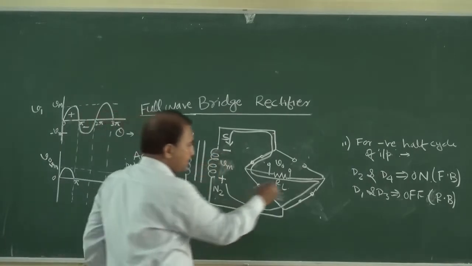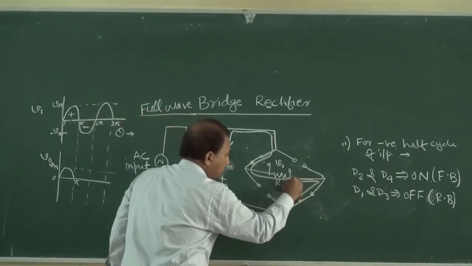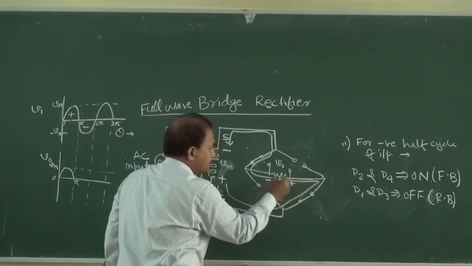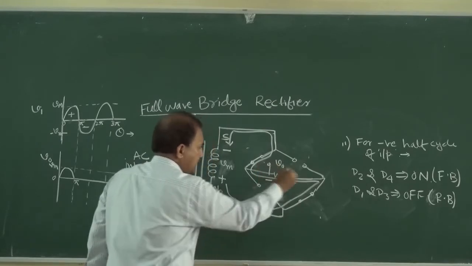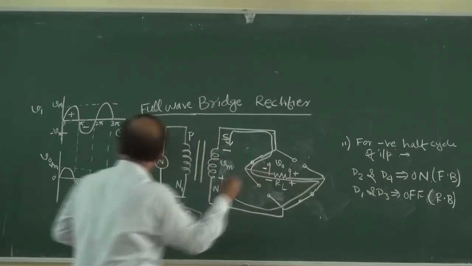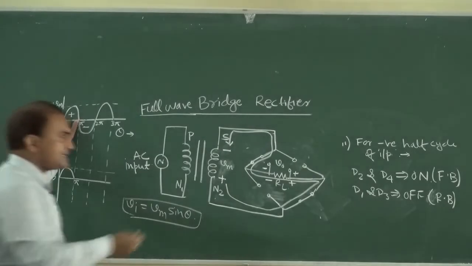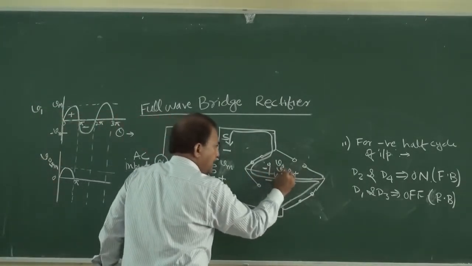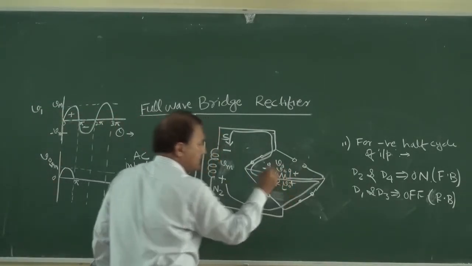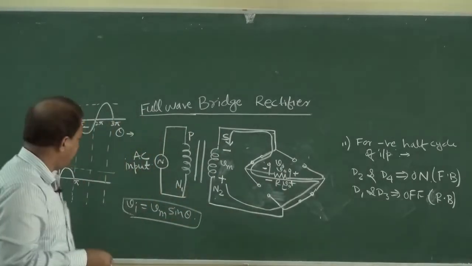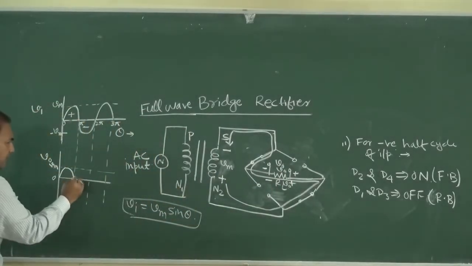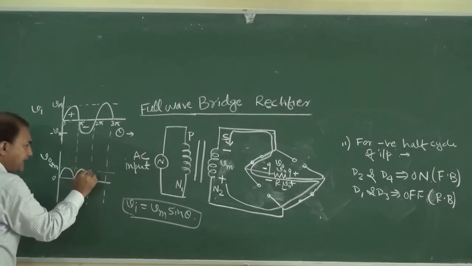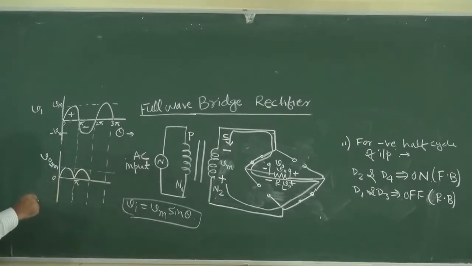Again, the polarity of V0 is like this. For the positive half, the polarity of V0 is the same, so for the negative half cycle the output will be the same and the polarity is the same.